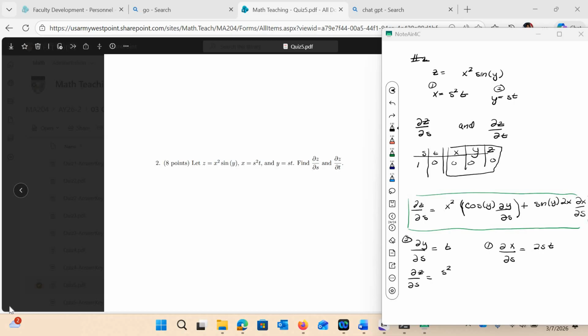It's going to be s squared t squared, that's the substitution for x, cosine y, so I'm going to get cosine st, and then partial of y with respect to s, which is just t, that's the first part, plus sine y, which is really, instead of y, I'm going to put st, times 2x, which is really 2 times s squared t, times partial of x with respect to s, which I have already here as 2st. If you're not asked to simplify it, don't.